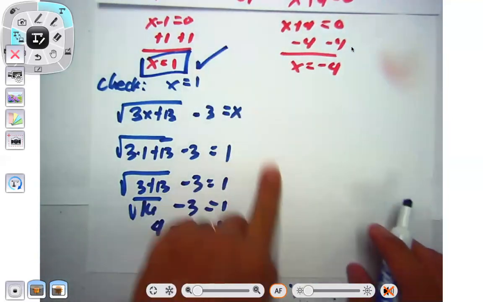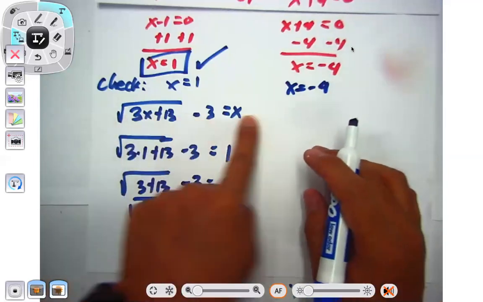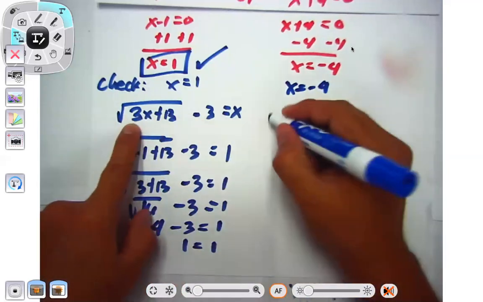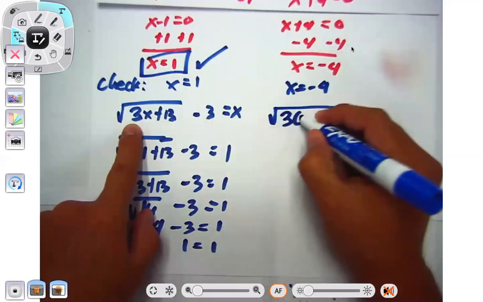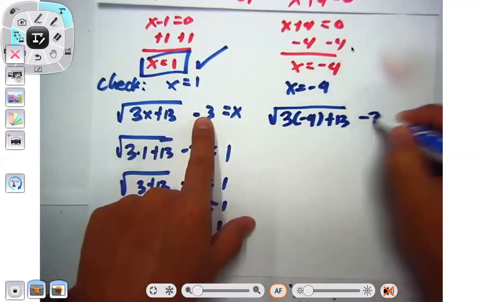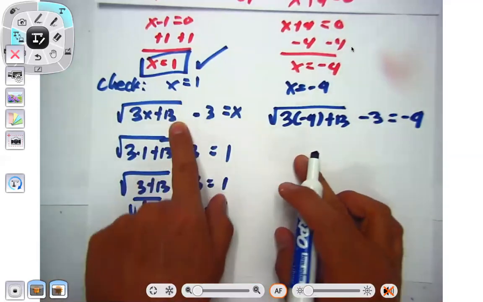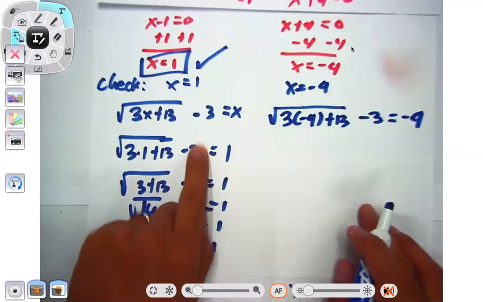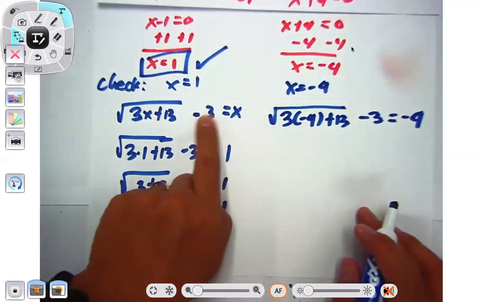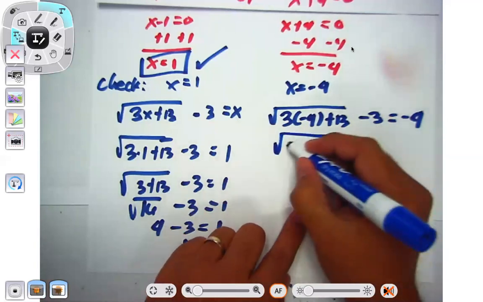How about this? x equals negative 4. So again, we plug in negative 4 to x. We have the square root of 3 times negative 4 plus 13, minus 3, equals negative 4. Note that the square root only extends up to 13. This one, minus 3, is not in the square root. So what's 3 times negative 4? Negative 12.